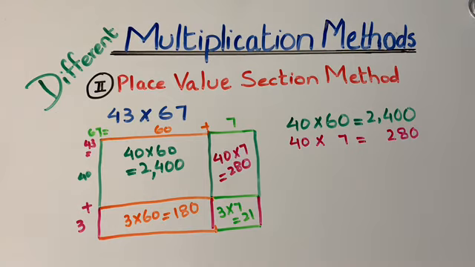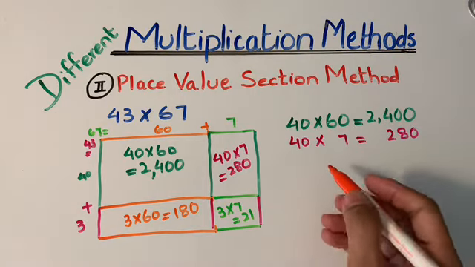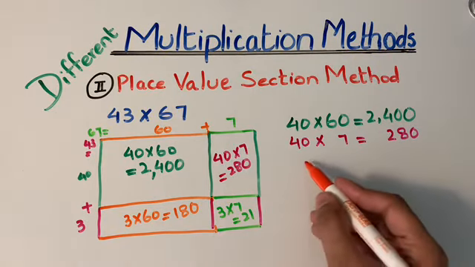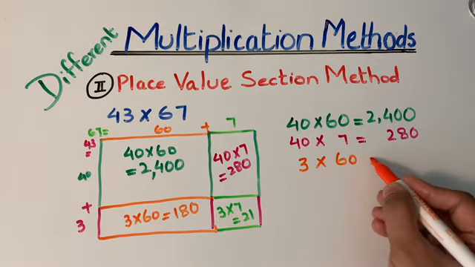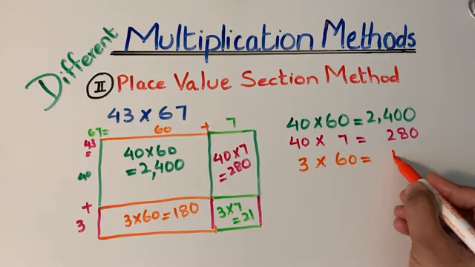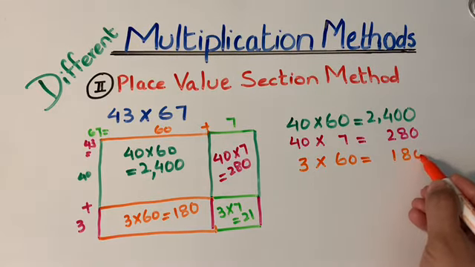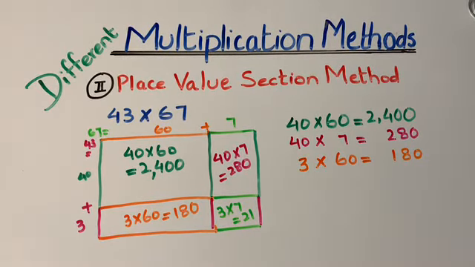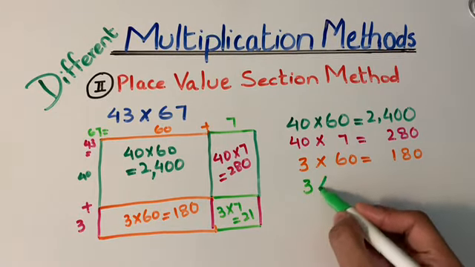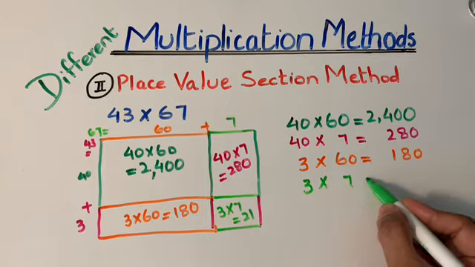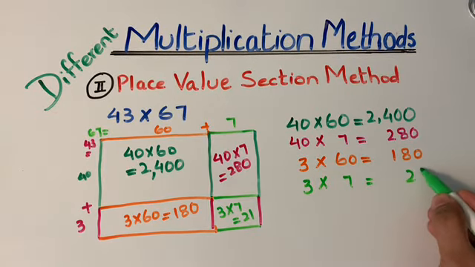Right. In next section, we have 3 times 60. So 3 times 60 is equal to 180. The last section is 3 times 7, and 3 times 7 is equal to 21.